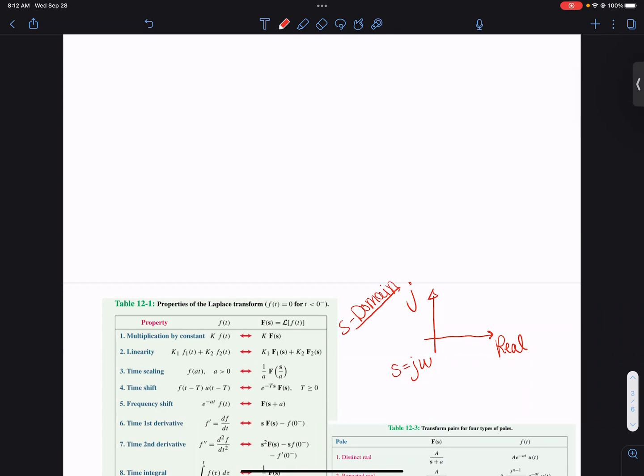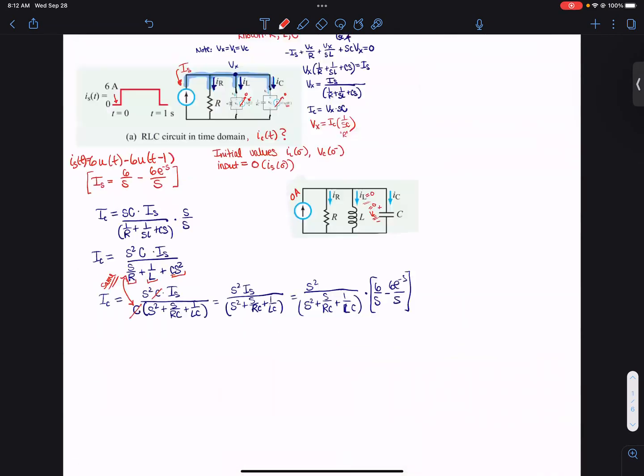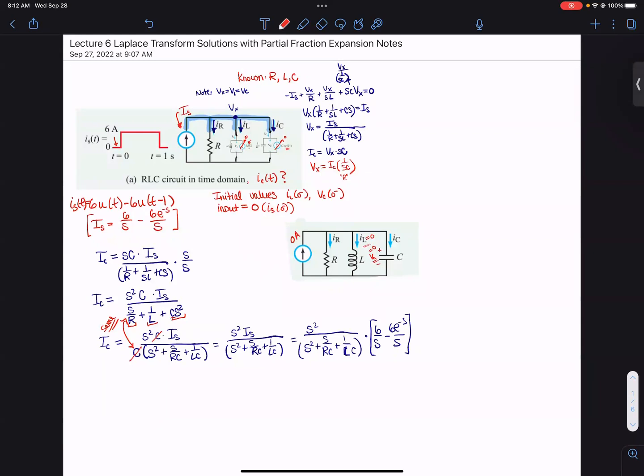Sometimes our equations get to a point where it's hard to match them up to the tables, so we need a few more techniques in math to manipulate those equations to match them with the table. Our end goal is to match them up with already existing Laplace transforms so we don't have to do all of that integration and can just use a table. But sometimes the equations don't look exactly like that, so we're going to look at that a little later today.